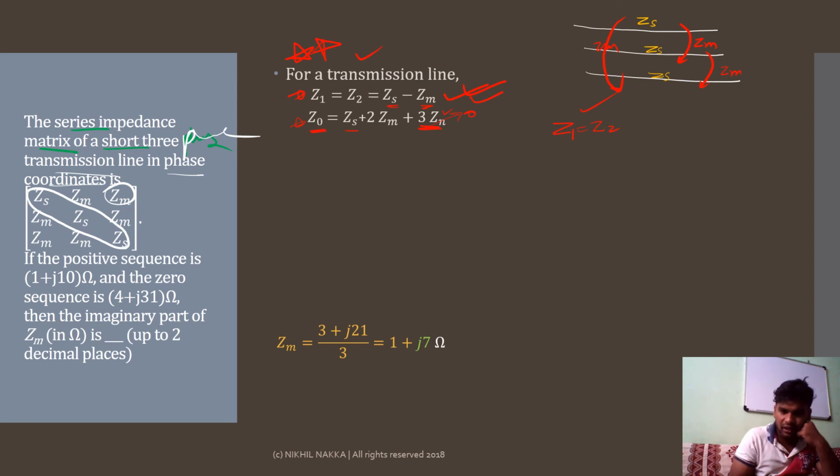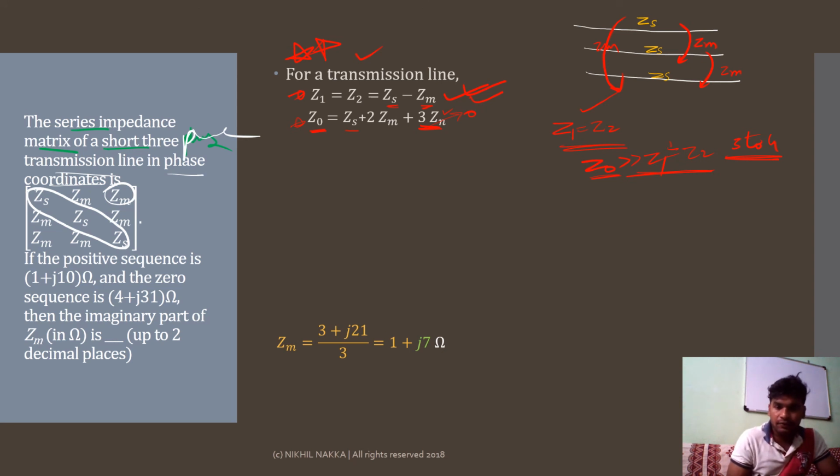And the zero sequence impedance is higher than the positive or negative sequence impedance, about 3 to 4 times. So Z0 is much higher than Z1, and Z1 is equal to Z2. This forms a very important objective for some PSC and other competitive exams.